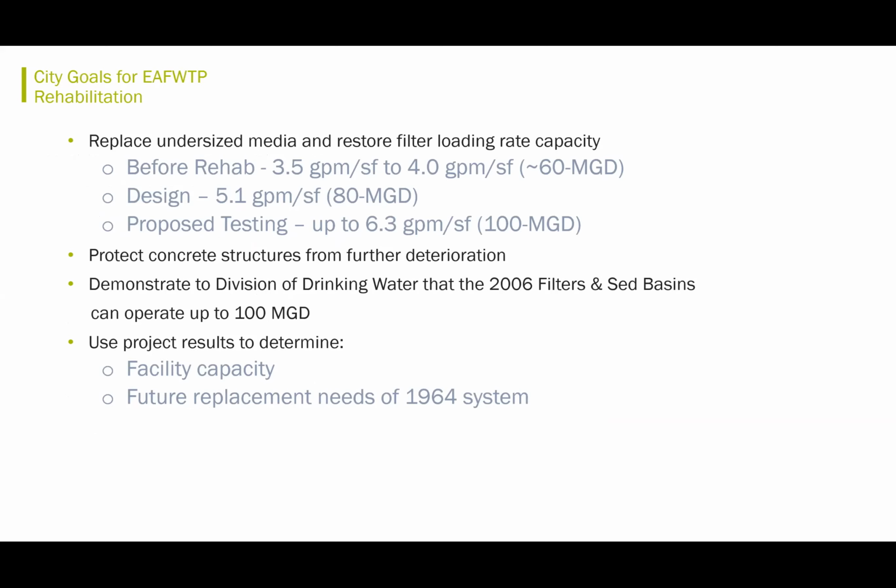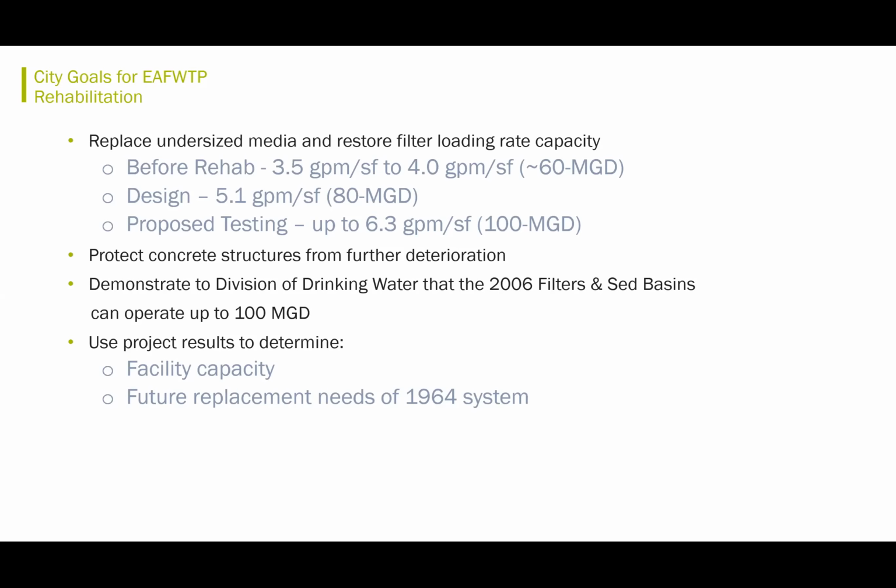A little bit of background on the project was to replace undersized media to restore the filter loading rate. Filters 9 through 16 were installed in 2006, and it turns out that the media that was installed in the filters was incorrectly sized, didn't meet the design requirements, and there was a lawsuit over that, and the city ended up getting a fair amount of money back.